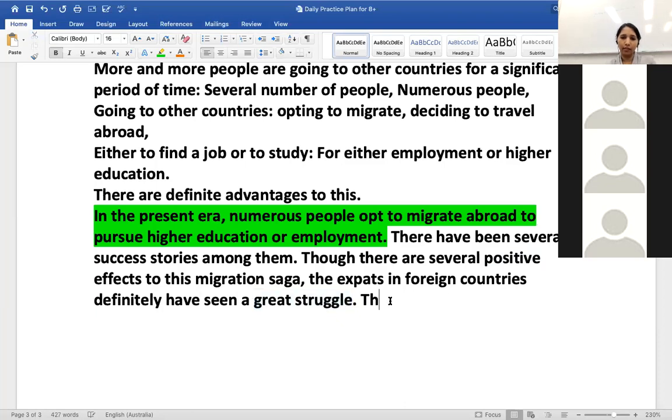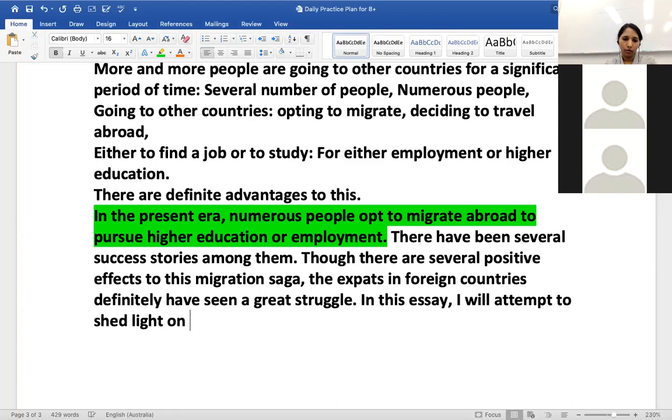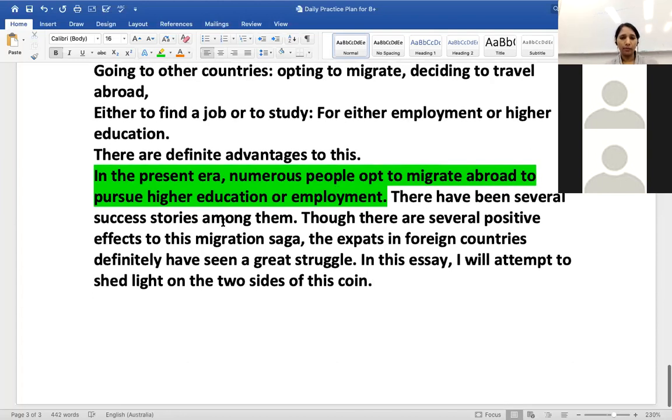Then you tell the examiner what you're planning to do. So in this essay, I will attempt to shed light on the two sides of this coin. Any doubts?